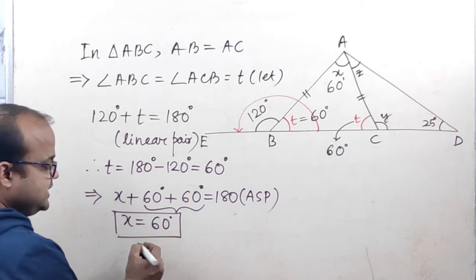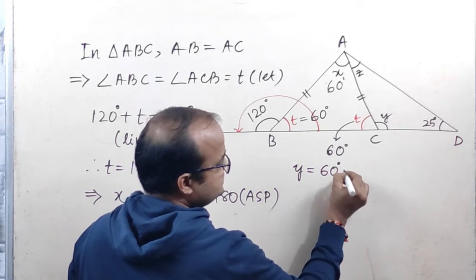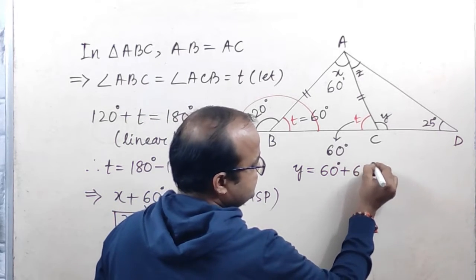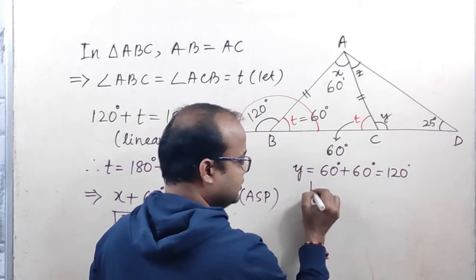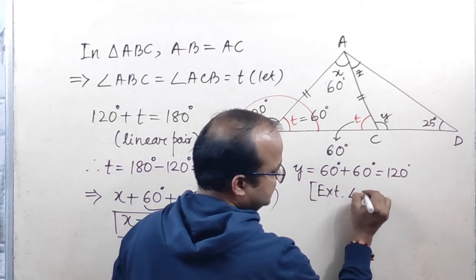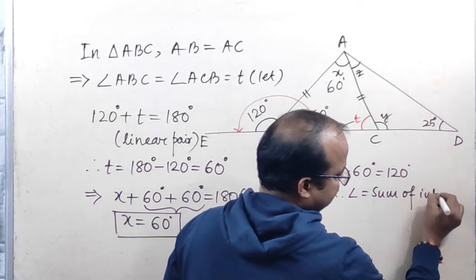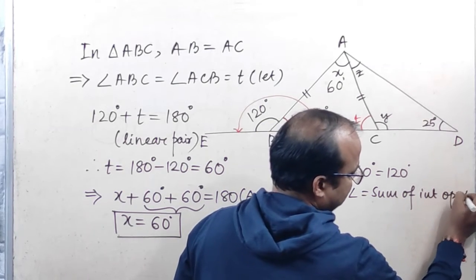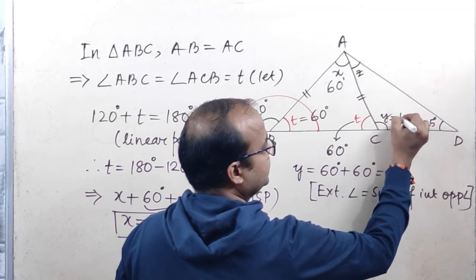So we can say that Y equals 60 degrees plus 60 degrees equals 120 degrees. Now we give the reason: external angle equals sum of internal opposite angles. So Y equals 120 degrees.